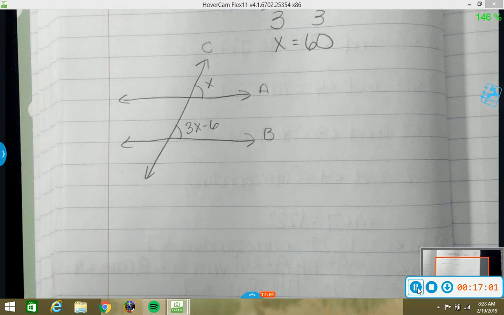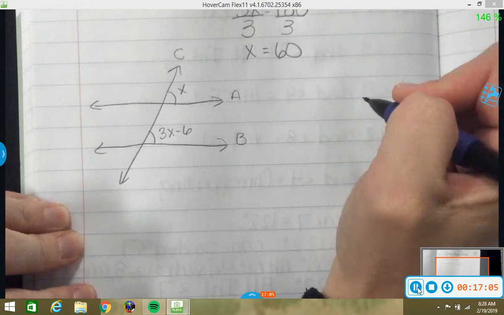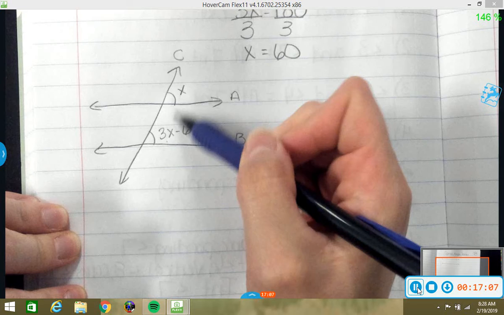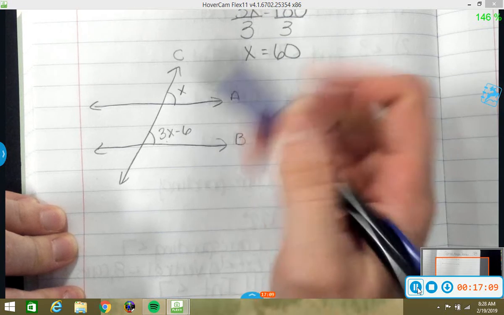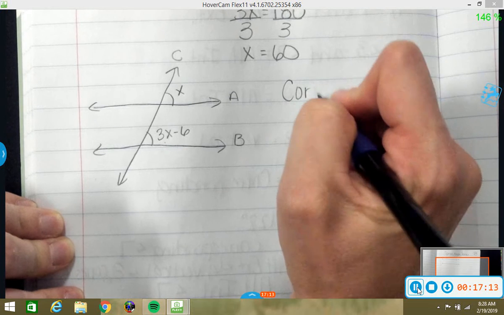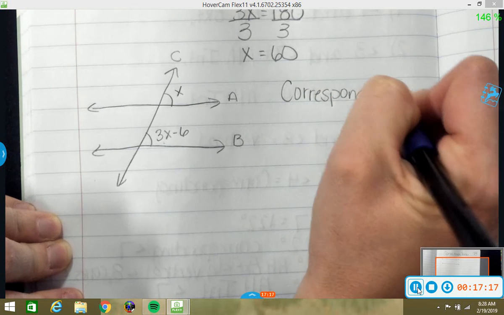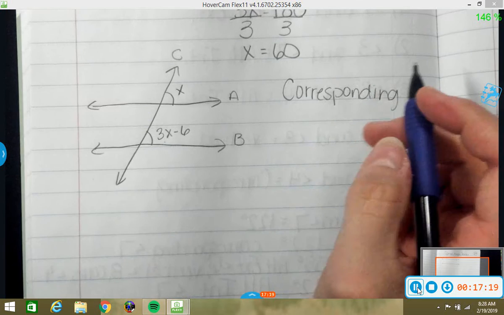Okay, are you able to give it any certain name? Can you give these a name? Corresponding. And what do we know about them being corresponding? They are going to be equal. So what should we put in between them? Equal sign.